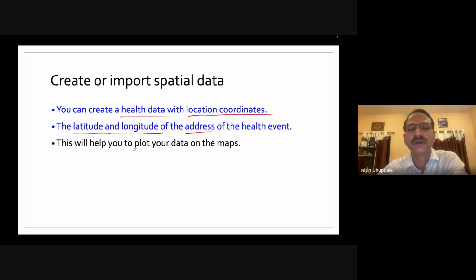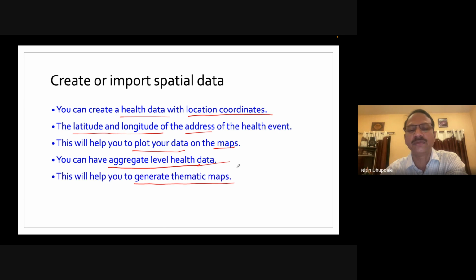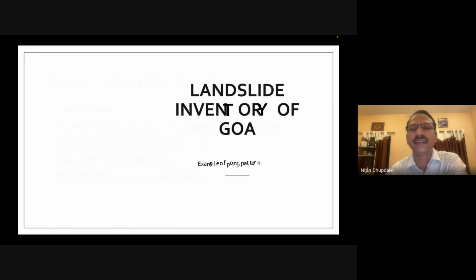With the help of this data, we can plot the data on the map, and it will show where exactly the health event has taken place. Sometimes we don't use the exact location; we plot it at the aggregate level, say village or district or a particular location. This helps us generate thematic maps or choropleth maps with the aggregate data.